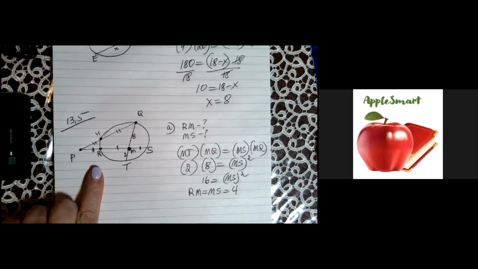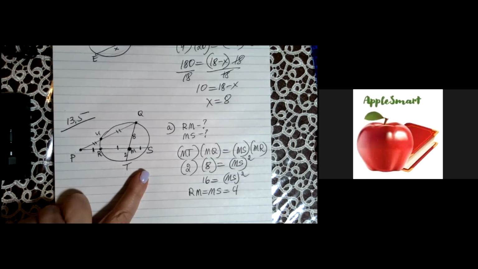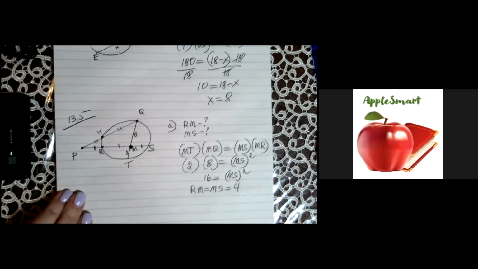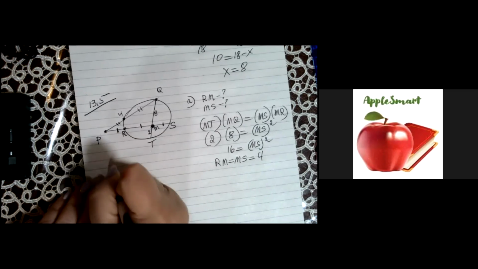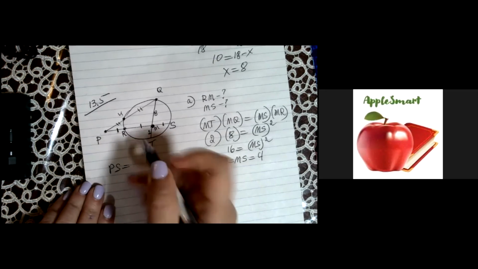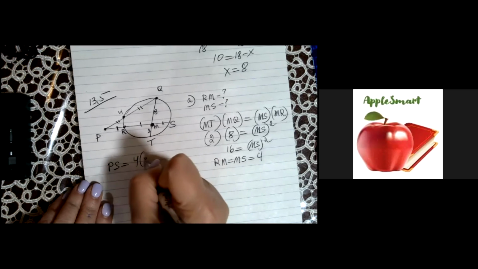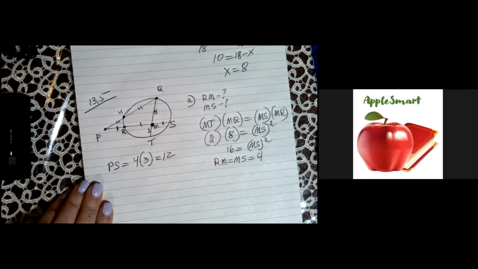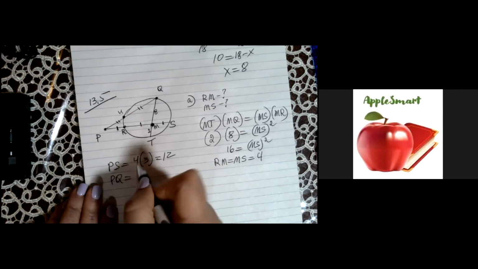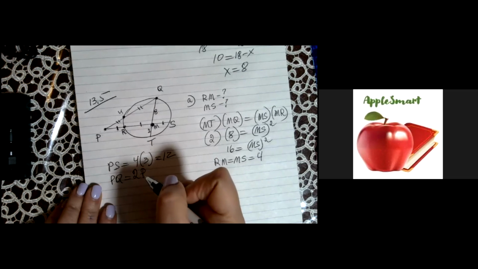Now we can say that PS, the whole thing PS, is equal to 3MR. Right. And that's 12, right? So PS will be equal to 4 times 3. Each piece is 4, times 3 will make it 12. So PS is 12. At the same time, PQ equals 2 PU, right? Yeah.